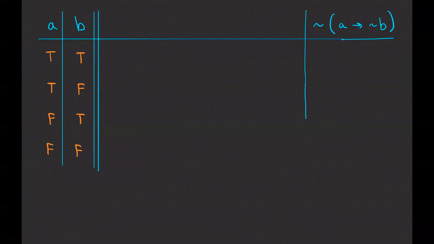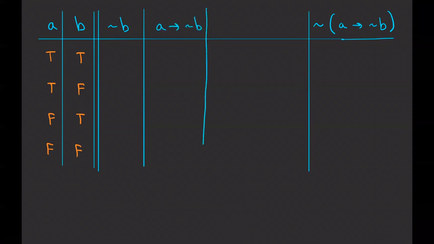I better first figure out what not B is, because I need that. Then once I have that not B, I can do the if-then statement. Then once I have that if-then statement, I can negate the whole thing. And then I'm golden.